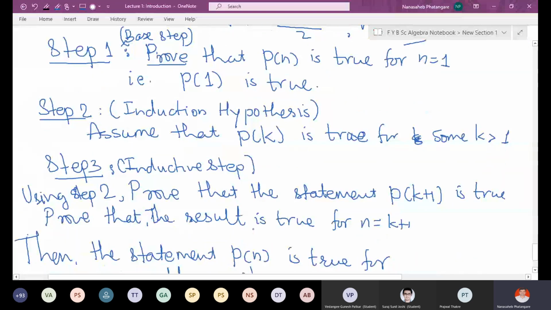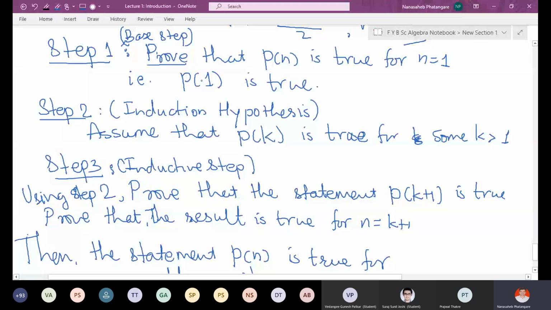Because we are proving for n equal to 1, no doubt about the first step, that it is true for n equal to 1. Now we are assuming in the second step that from the kth step to k plus 1 it happens to be true. With the same logic, from 1 to 2 it will be true, right?